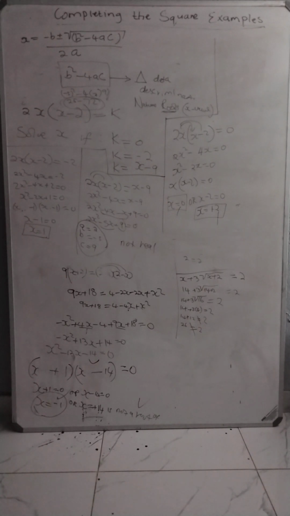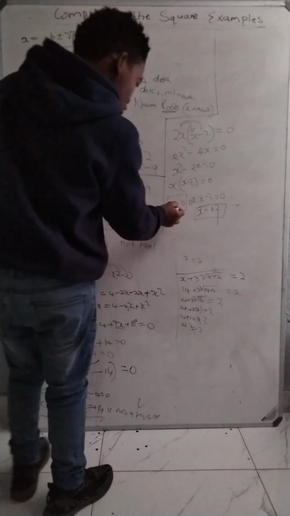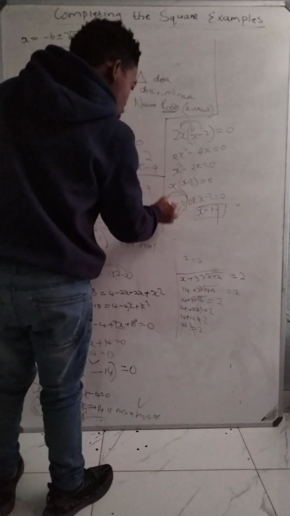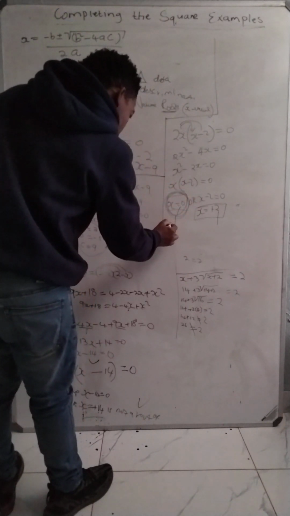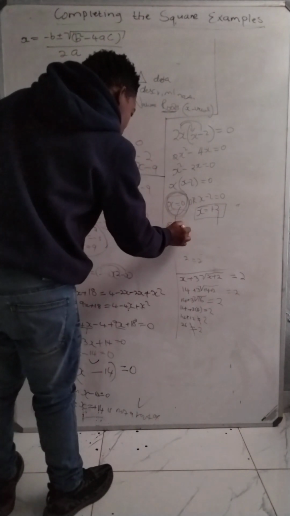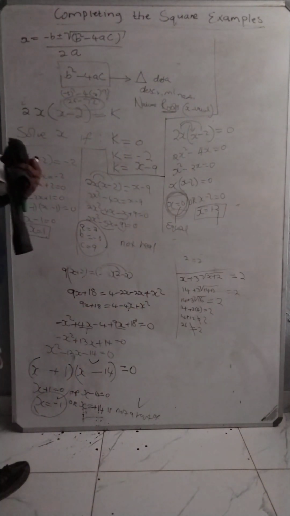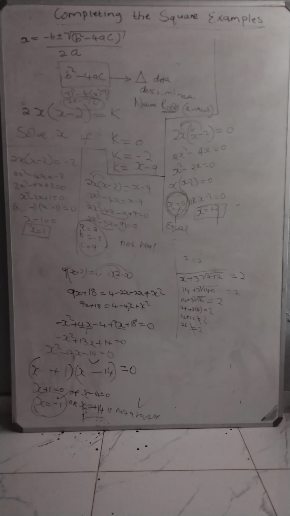Okay, and then the first one, if your roots are equal to 0, then we say the roots are equal. Okay, the roots are equal.